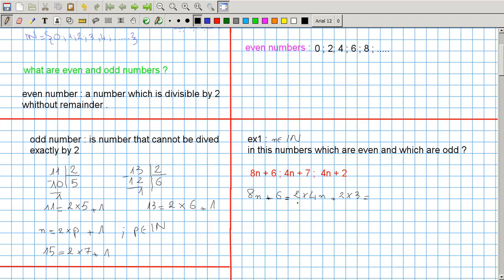We can factor by 2. 2 times (4n plus 3). 4n plus 3 is natural number equal p, p belong to N. For if n is natural number, 4 times n plus 3 is another natural number. 8n plus 6 equal 2 times p. Then 8n plus 6 is even number.